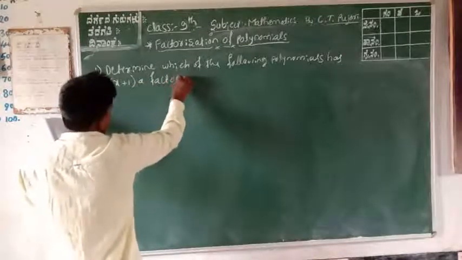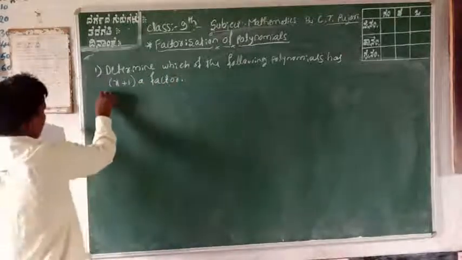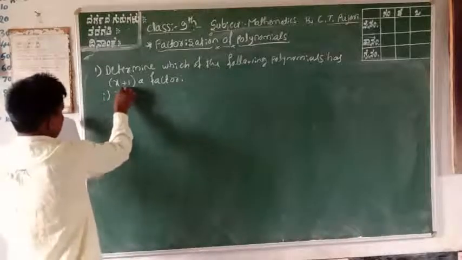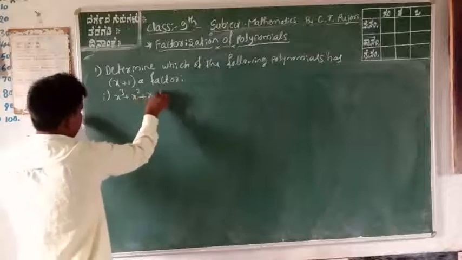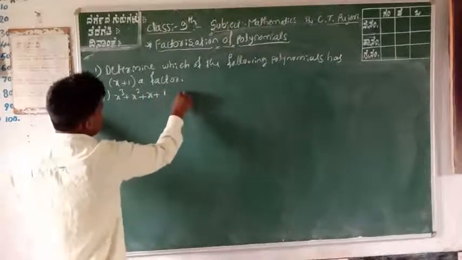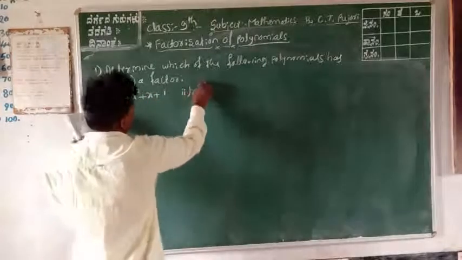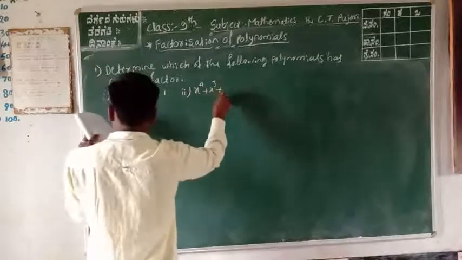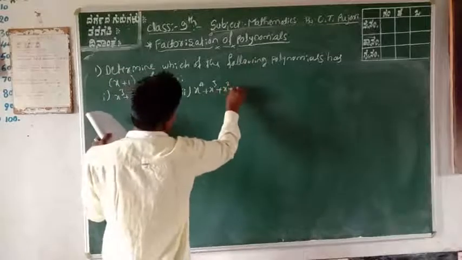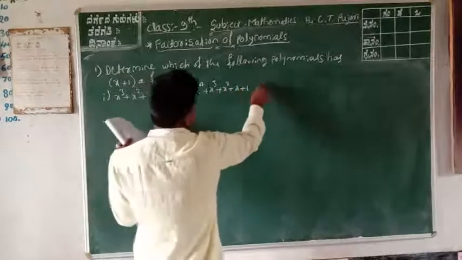Check yourself once again. The given polynomials are: first, x cube plus x square plus x plus 1, and second, x raised to 4 plus x raised to 3 plus x raised to 2 plus x plus 1.